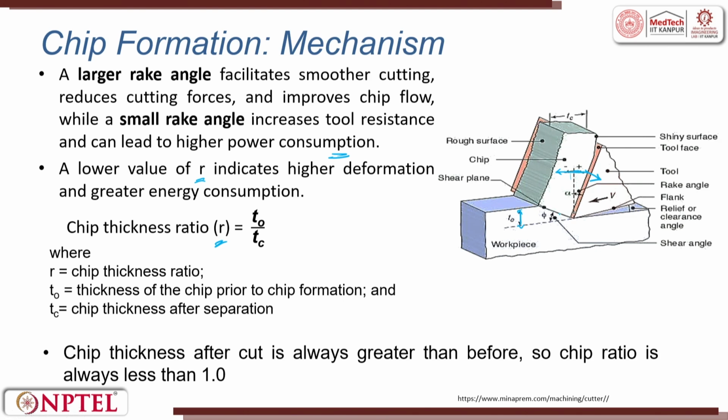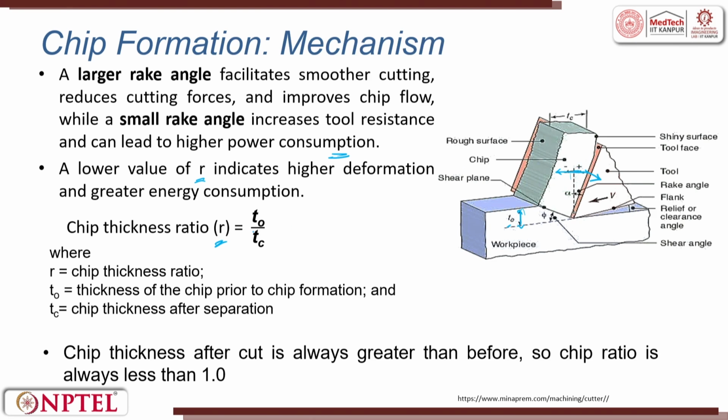So, now you can see this. What is T naught? Where does this T naught come from? T naught comes from the process parameter, whatever you set on the machine. So, the chip thickness ratio will be R equal to T naught by Tc, where R is the chip thickness ratio, T naught is the thickness of the chip prior to the formation, and Tc will be there.